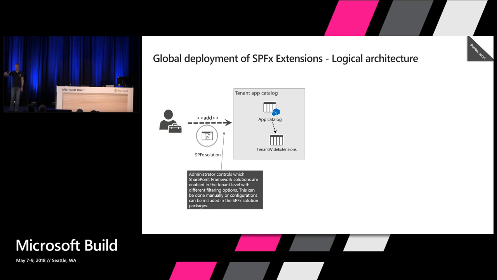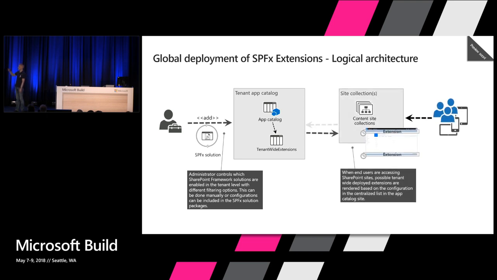But basically, as part of the solution package which we're shipping, you're able to say that this extension, which is inside of my package, I want it to be available in all of my communication sites, all of my collaboration sites, or all of my sites, without any additional configuration. What it means is that when end users access the SharePoint sites, those extensions which are configured to be available will be automatically rendered as part of the pages, and you don't have to do any additional tricks or any additional things.